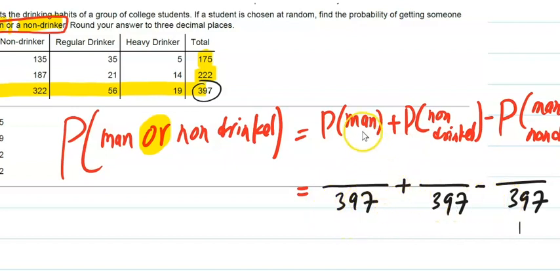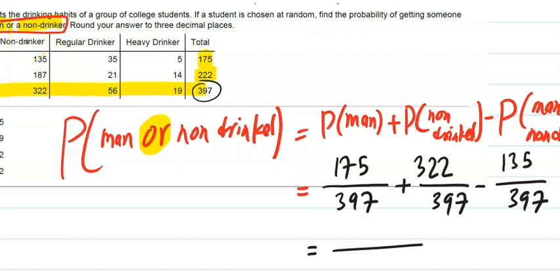Okay, so how many men here? Look at the men, 175. How many non-drinker here? Non-drinker, 322. How many men and non-drinker? Watch here. Men, non-drinker. 135 people are men, also non-drinker. It's 135.